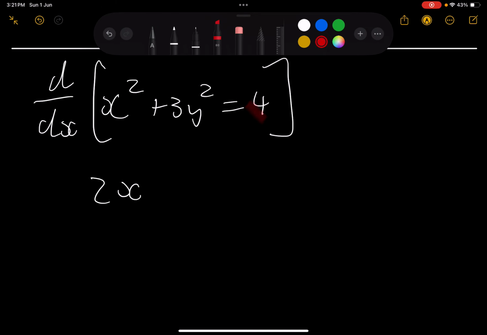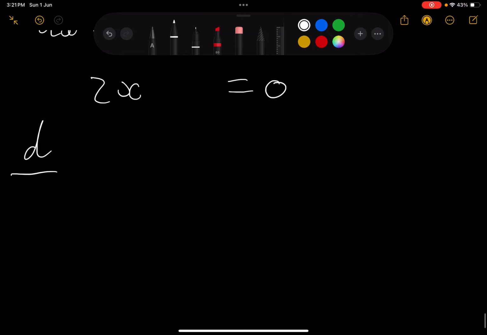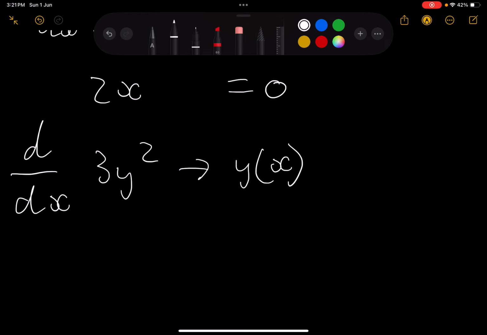And the derivative of our constant here is just going to be 0, because the derivative of a constant is 0. But the tricky part comes with this 3y squared over here. Let's break that down a bit. When we take the derivative of y with respect to x, we need to remember that y is actually a function of x in this case, because we're taking the derivative with respect to x.